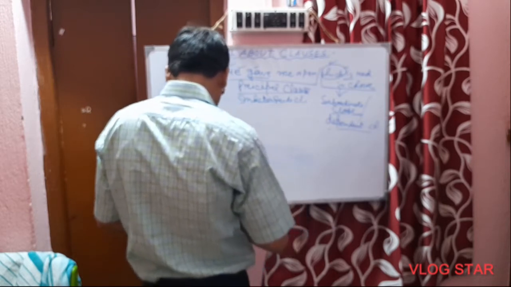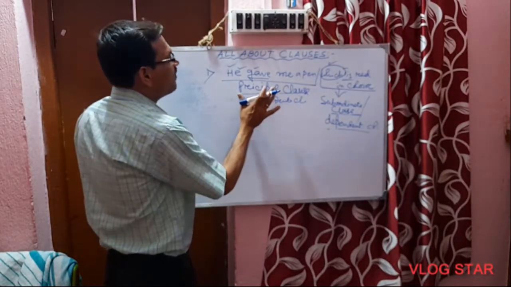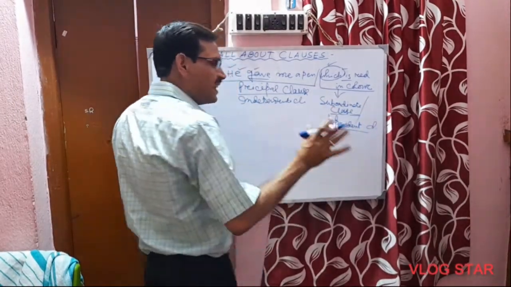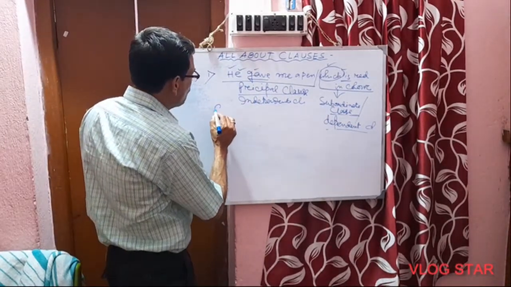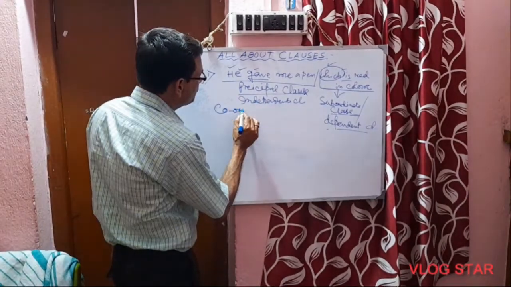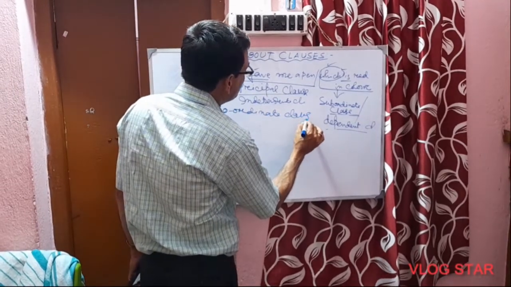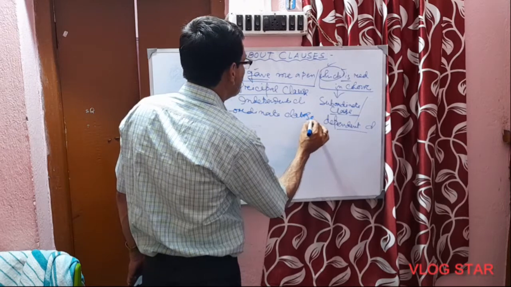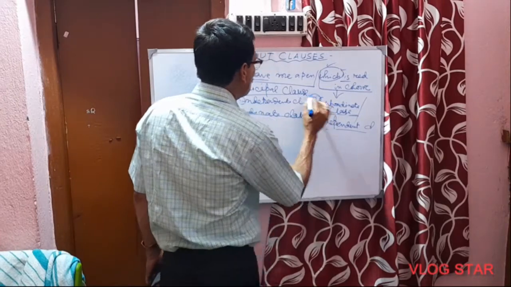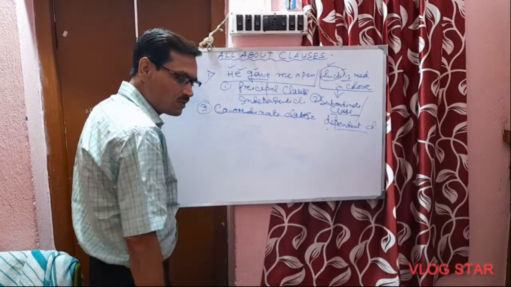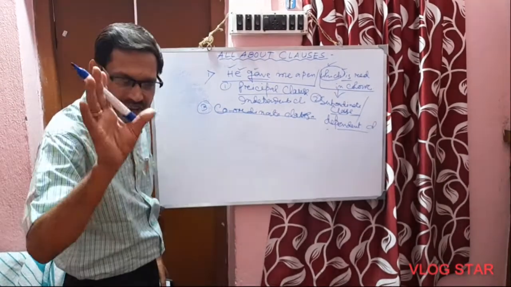And now, as you see, most of the divisions are principal clause and subordinate clause, and there is also one kind of clause that you call coordinate clause. Okay, coordinate clause. What is coordinate clause? I hope that you have been able to understand what clauses actually are.